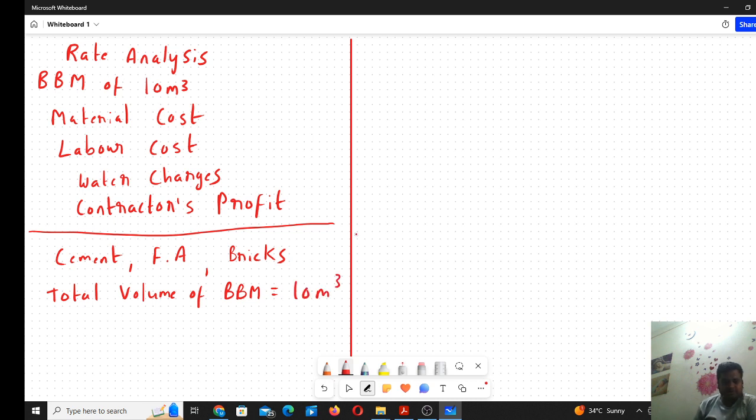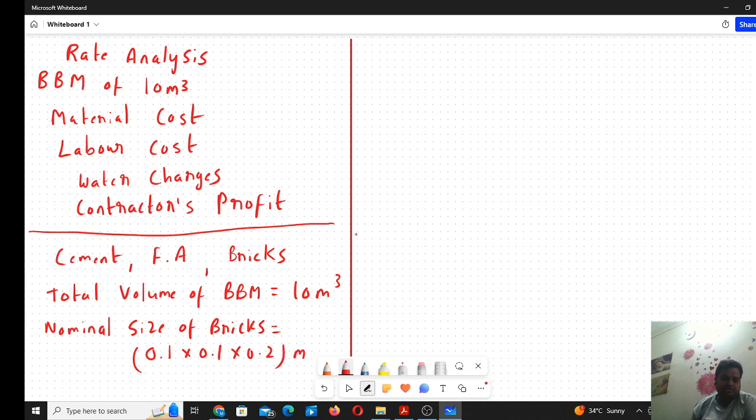Now the size of the bricks has to be considered. First, the nominal size of the brick. When I am considering brick masonry, generally the nominal size of the brick including the mortar will be 0.1 by 0.1 by 0.2, all in meters.